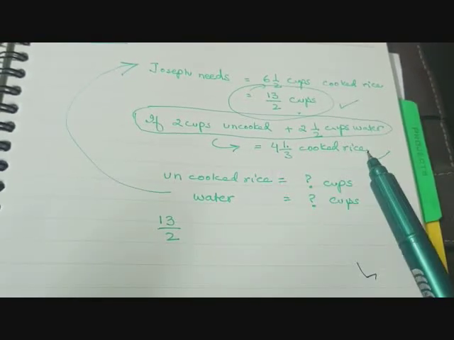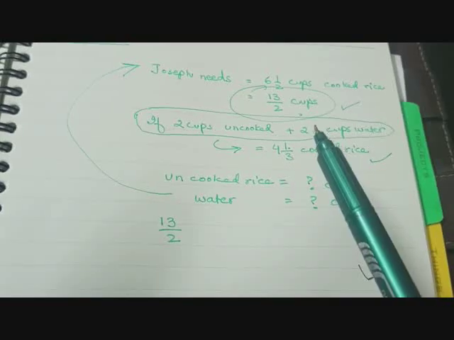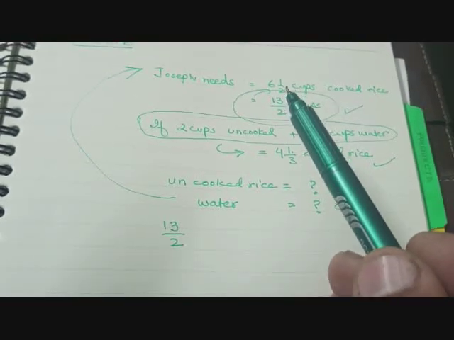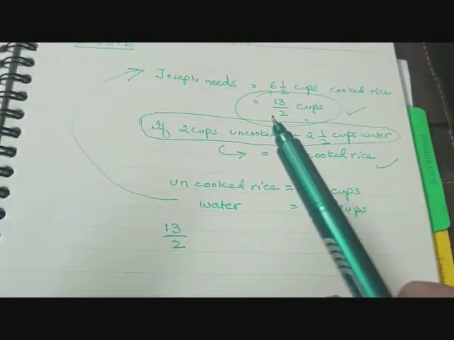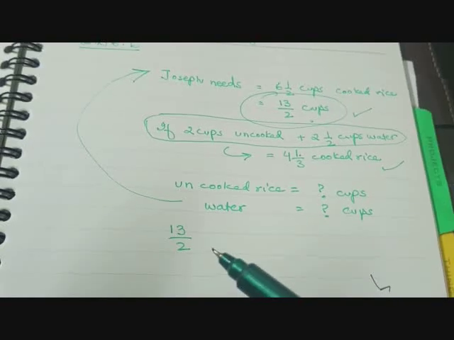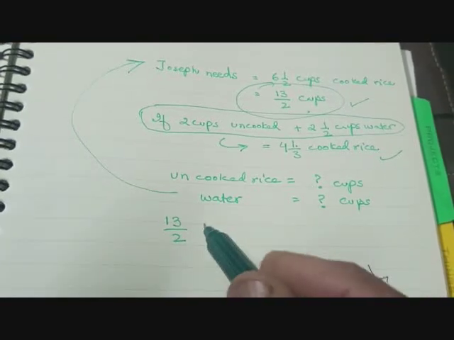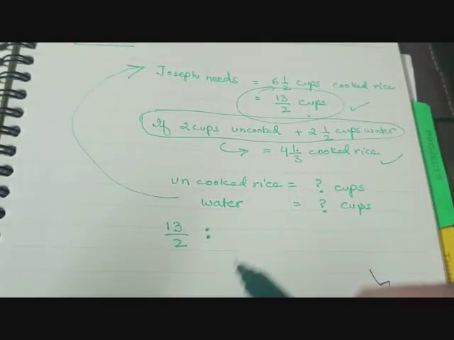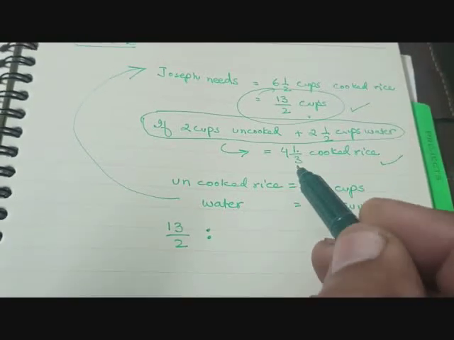What we have to cook is 6.5 cups of cooked rice, which means 13 divided by 2 cups. We'll find the ratio of this with the given one.